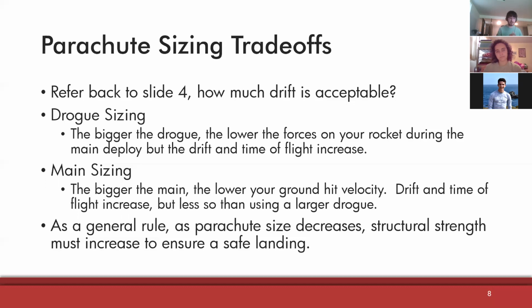The USLI rocket this year descends at 77, which is significantly faster, but it's important to remember that the USLI rocket had aluminum bulkheads, carbon fiber fins, and blue tube construction, and all that's a lot sturdier than my rocket, which is made out of thick cardboard for the airframe, and I have wood fins. So you really have to keep in mind the limitations of the materials you're using, and what they can actually withstand.